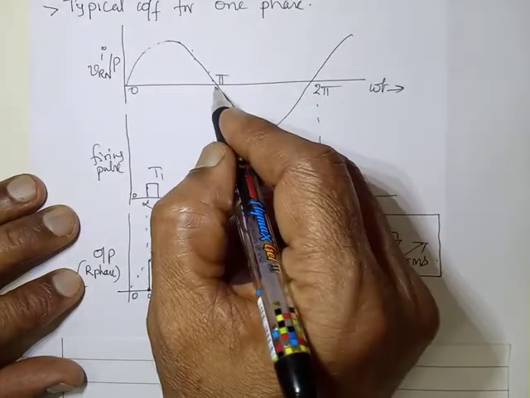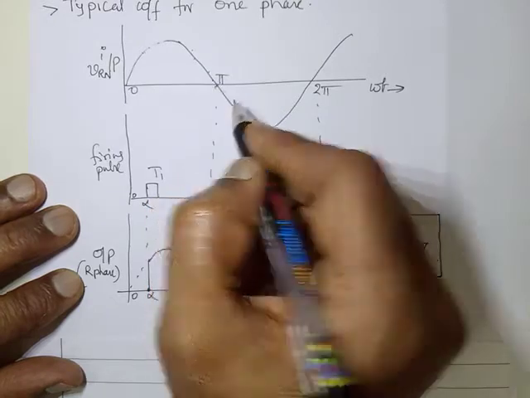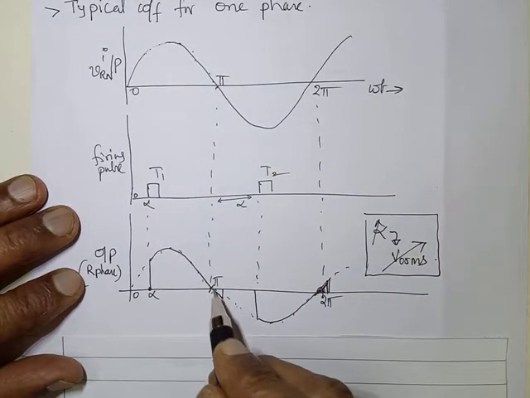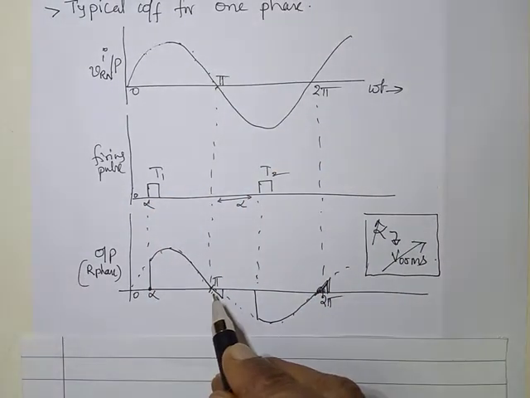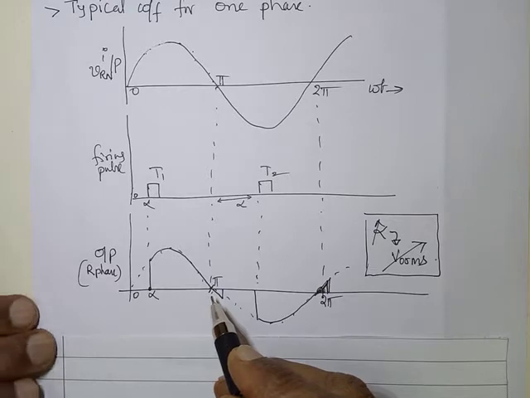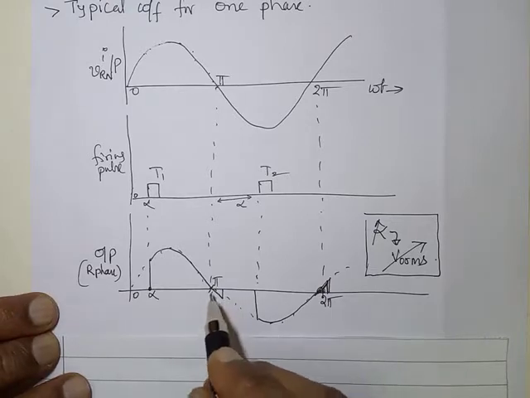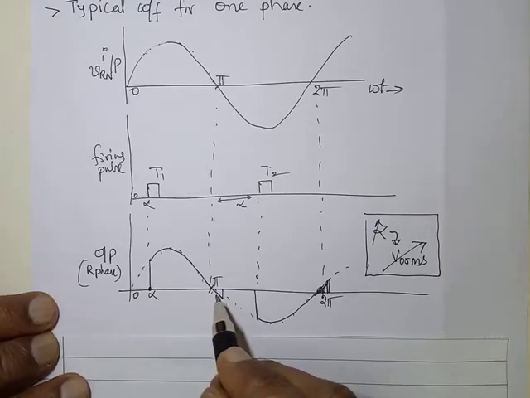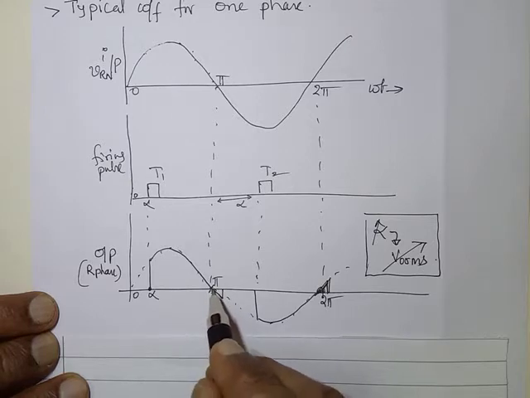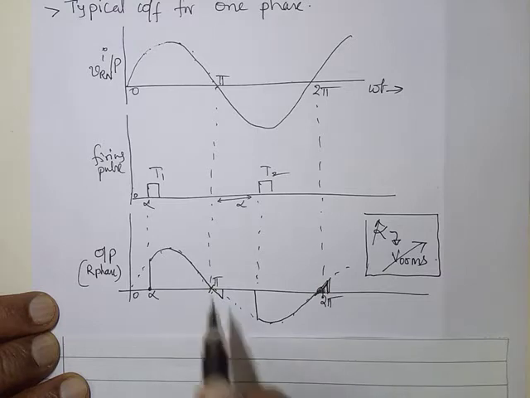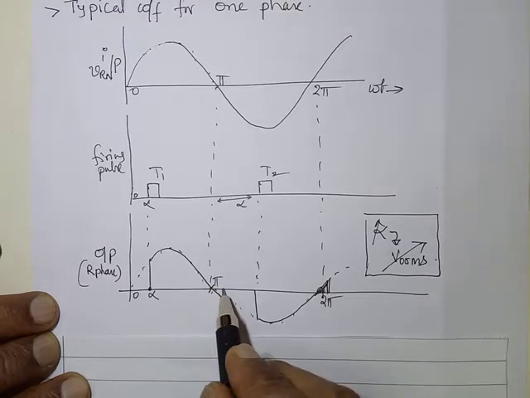Now, at this point, the supply goes negative. When the supply goes negative, obviously the corresponding SCR should have turned off. But this being the motor load, there will be an inductive effect. Hence, depending on the effect of inductance, the conduction will continue even beyond pi. After that, that SCR will stop conduction.